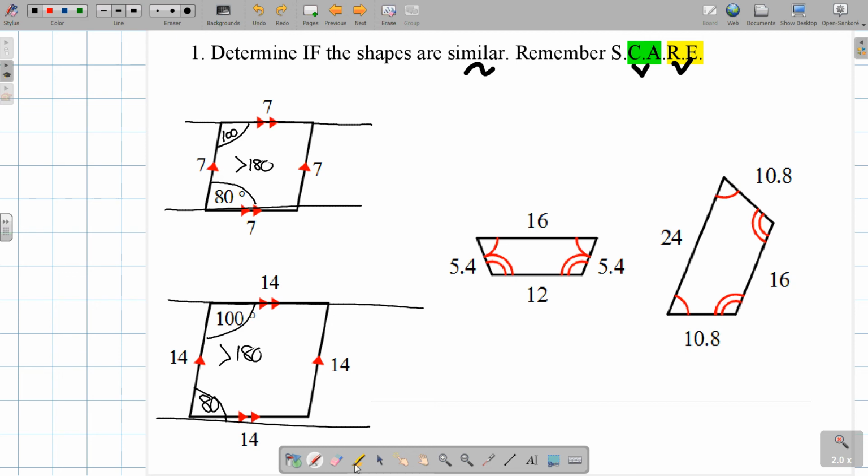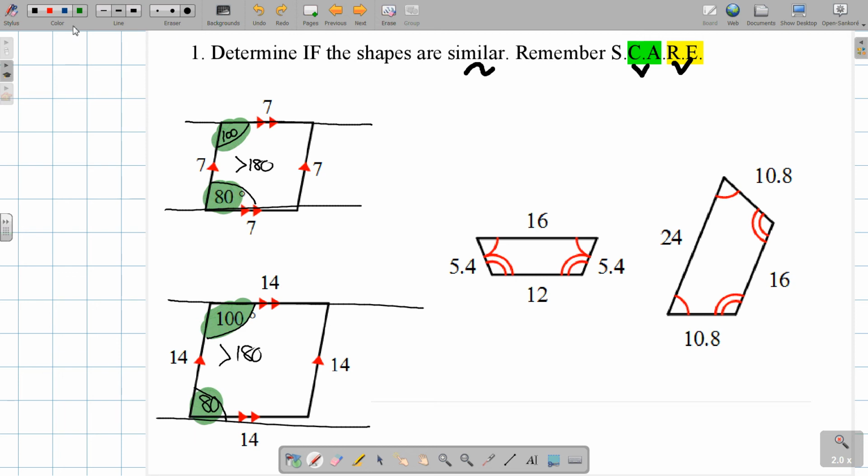So now we check corresponding angles. Notice the fatter angle here is 100, fatter angle there is 100. Smaller angle is 80, smaller angle is 80. So there's our first check, congruent angles.